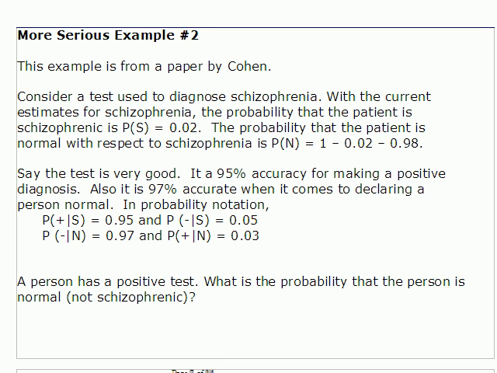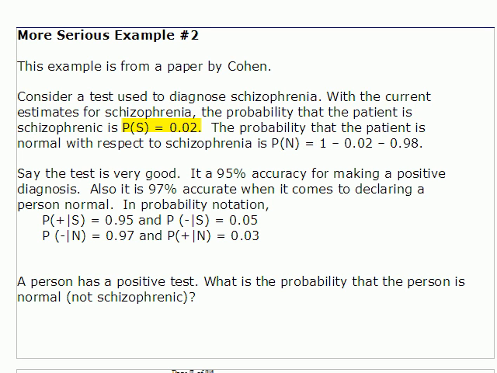Okay. Let's say there's a test and it's used to diagnose a disease such as schizophrenia. So we're going to start with the probability that a person is schizophrenic, and if 2% is the incidence of schizophrenia in the general population, we'll say the probability that the person is schizophrenic is 0.02 for the 2%.